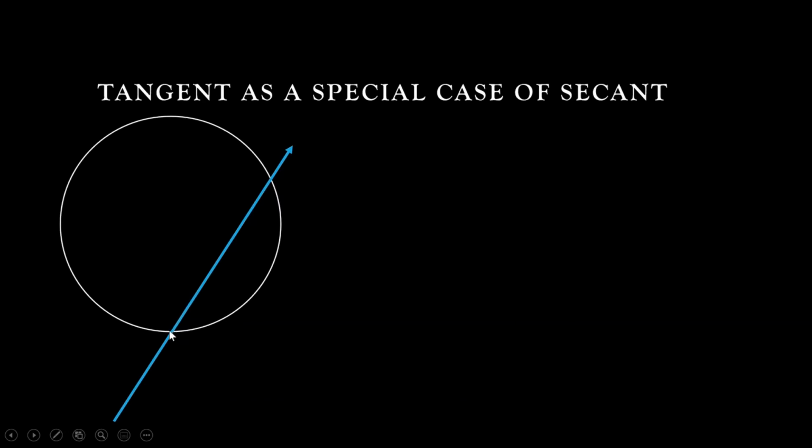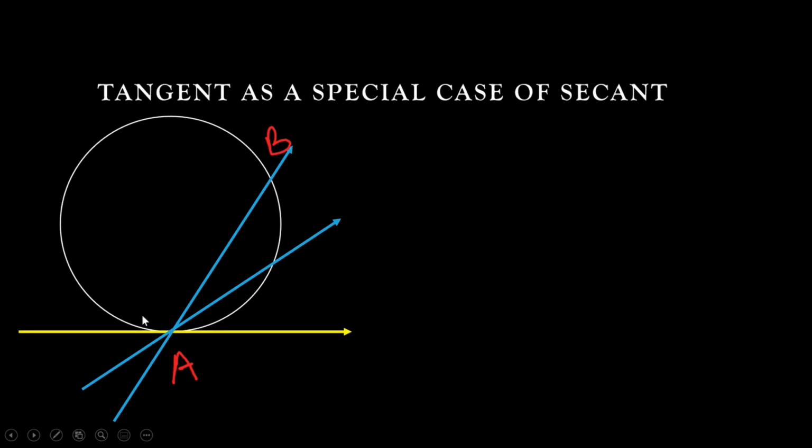We know that this is a line segment, this is a line, and this is a point A. Now think about how many line segments or lines we can draw from this particular point A to this circle. Let's think of this line segment AB, and this is the second line segment we can draw from point A. This is the third line segment we can draw from this point A, and so on.